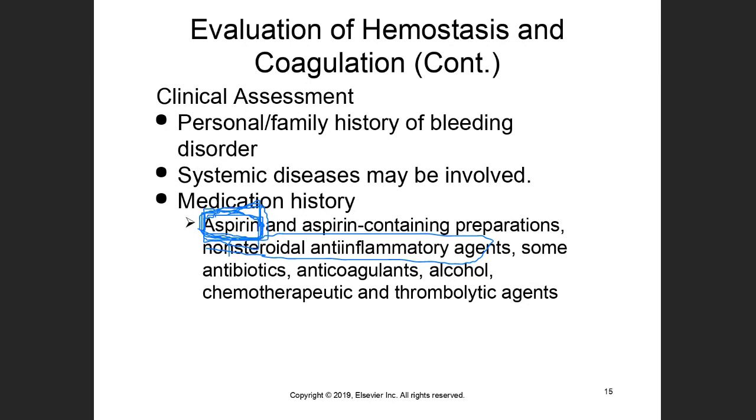You don't have to know that, but you should have an idea, okay? And they inhibit COX-1 and COX-2. COX means cyclooxygenase 1 and cyclooxygenase 2, and that inhibits coagulation, okay? Chemotherapy and thrombolytic agents. Okay, thrombolytic agents, we have the TPAs and also anticoagulants, okay? Of course, if you have a problem with bleeding, you have to ask, are you on anticoagulation? Yes.